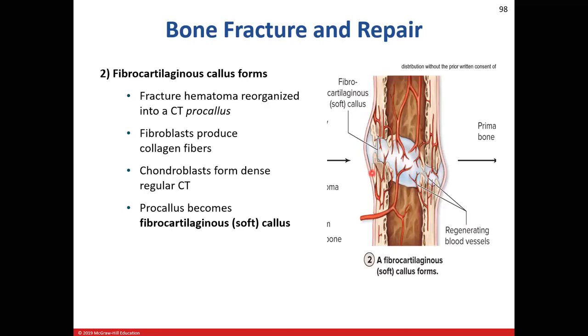Our chondroblasts also come in here and form a dense, regular connective tissue within that area. The procallus then becomes a fibrocartilaginous, or what we call a soft callus. Remember, this is fibrous material and cartilaginous material, so it's more of a soft callus.